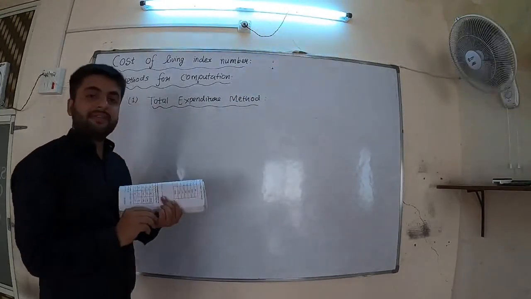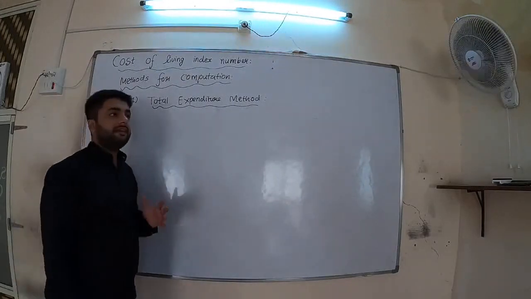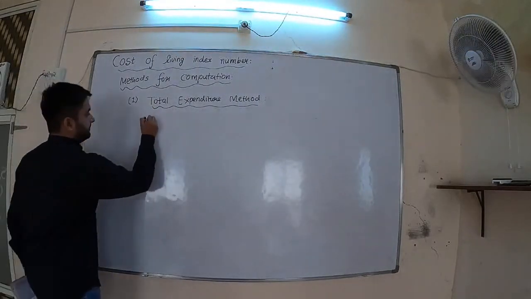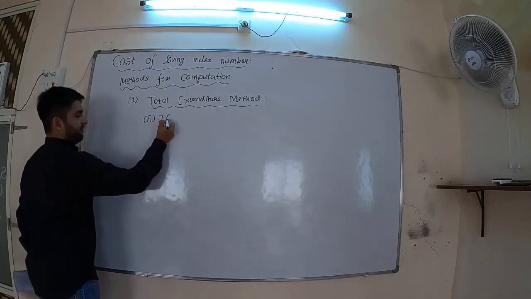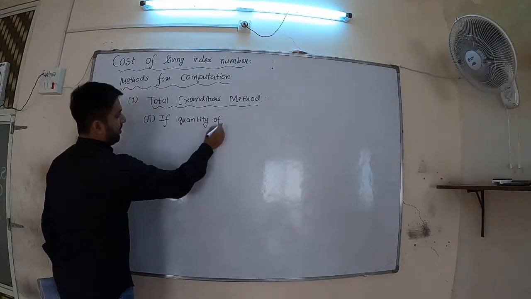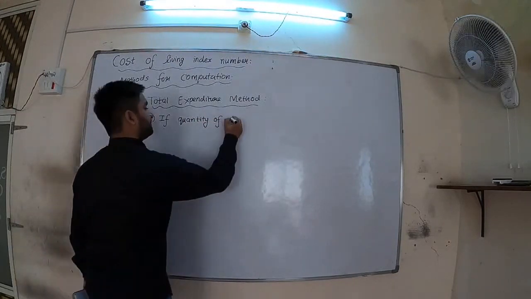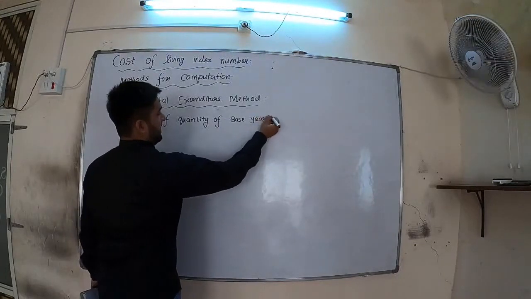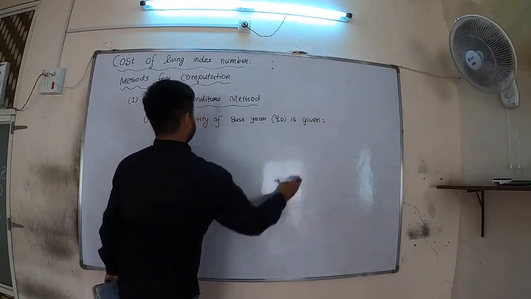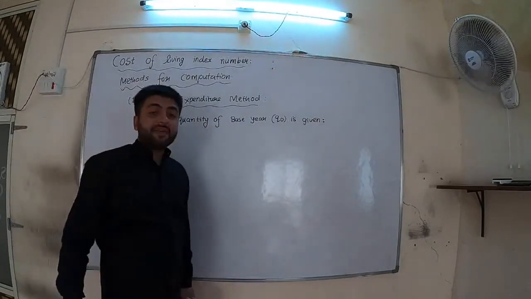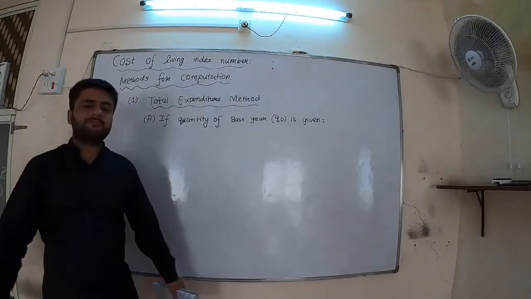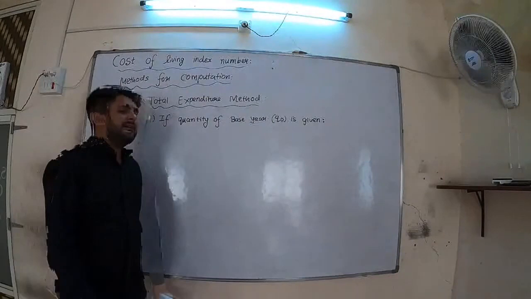Now in the total expenditure method there are two formulas, meaning you have options for two formulas. In that, A: if the quantity of base year, that is Q0, is given. Friends, we have learned two index numbers, Laspeyres and Paasche, and Fisher's.